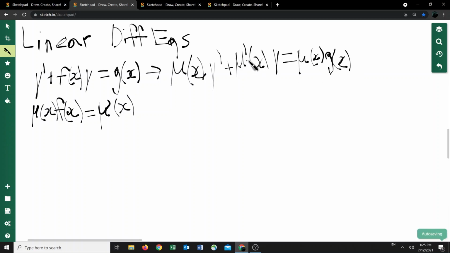The beautiful thing here is that the left side is a product rule of the two functions mu of x times y. To be more clear, if we work from this side to this side, it takes the derivative of the first function times the second function, plus the first function times the derivative of the second function. That's exactly the product rule of these two functions. So this is equal to, again, mu of x g of x.